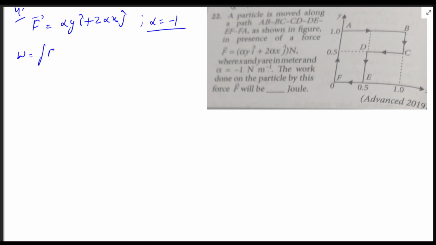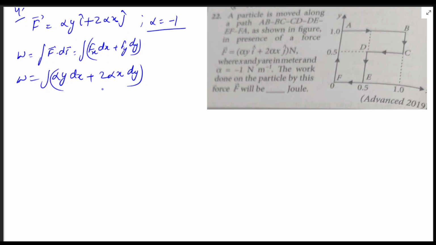Okay, perfect. So if I write work done as integral f dot ds, so it will be what? Integral fx dx plus fy dy. It was like that, right? Now we will get alpha y dx plus 2 alpha x dy, right?